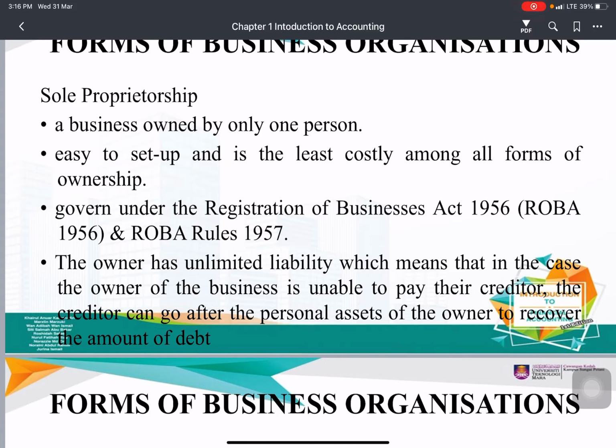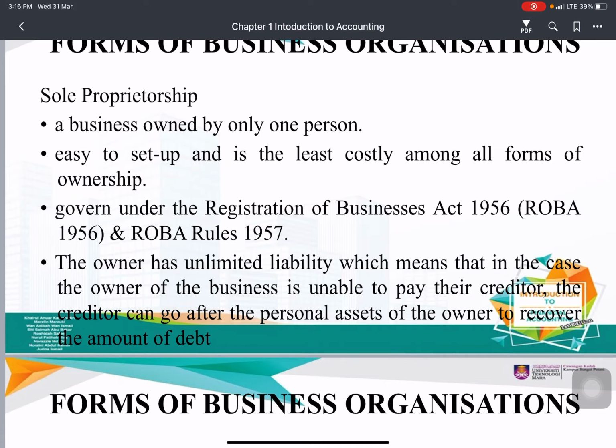But the last point here is that the owner has unlimited liability. So what is unlimited liability? If the owner of the business is unable to pay for their debt or liability, the creditors can go for their personal assets.